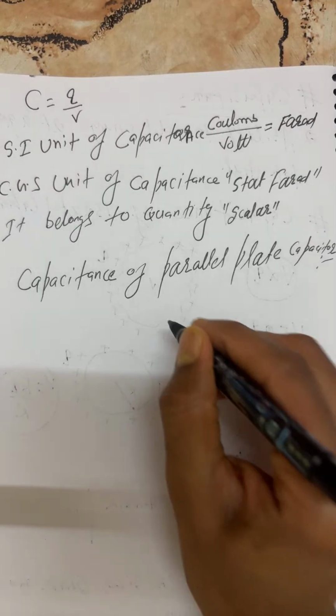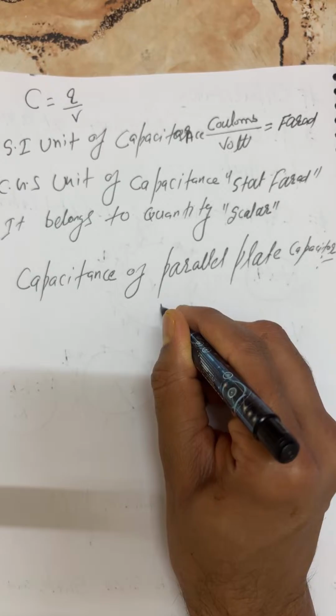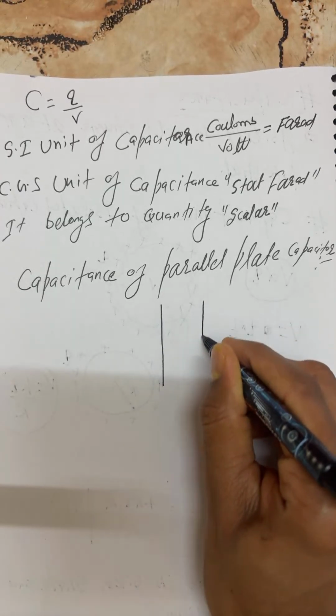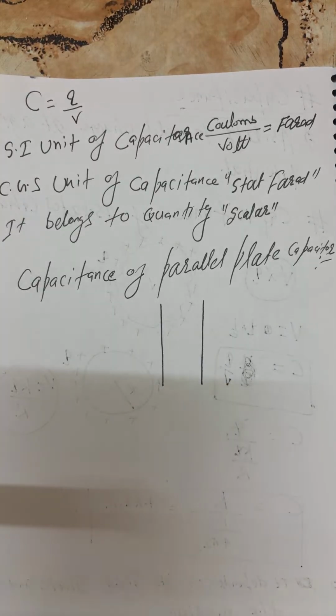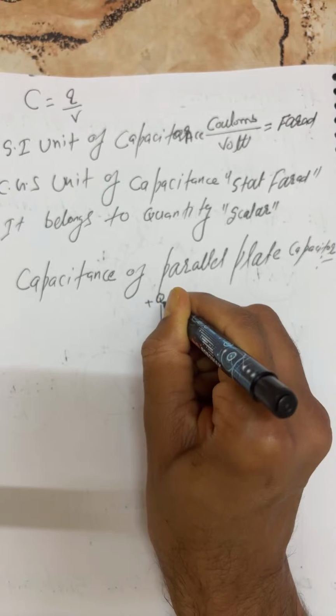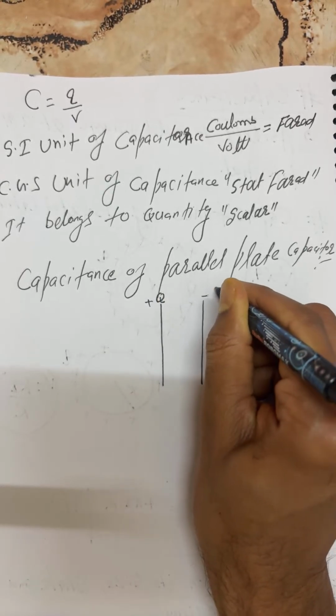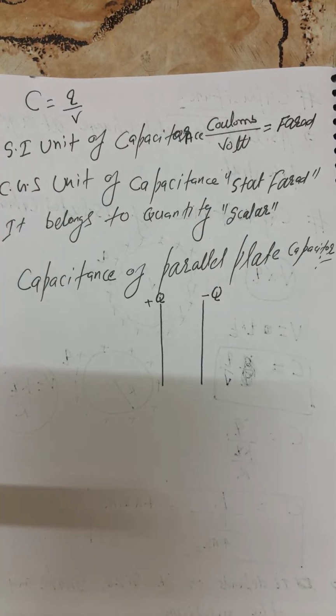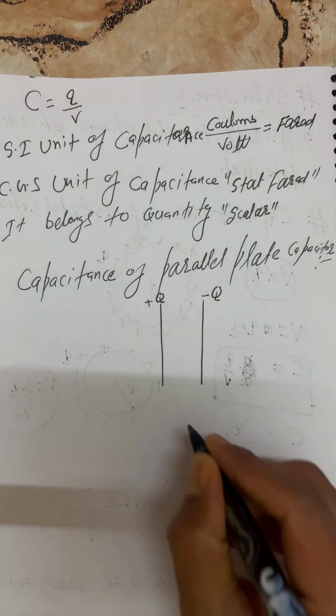Have a look, beta. Students, you can understand the condition like this. We have a two parallel plate capacitor. One is charged positively and another one is what? Charged negatively. One is positive charge and one is negative charge.